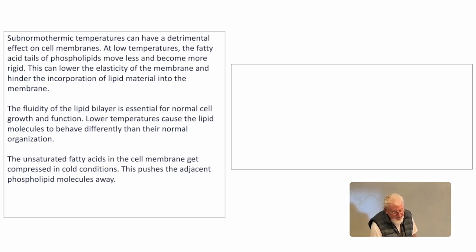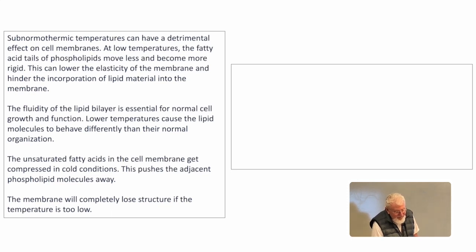And then essentially, as you go to very low temperatures, the cell membrane will lose structure. Just to give you a sense, when fat solidifies, that's essentially what's happening with lipids as you lower the temperature.